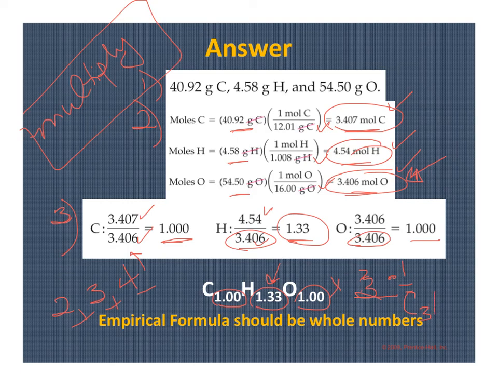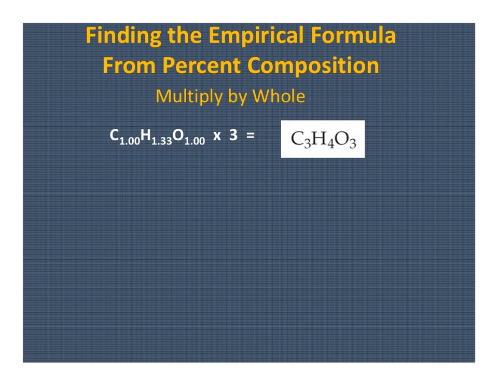We get H4 and O3. So our empirical formula now is C3H4O3. All right. And that, my friends, is the end of learning about percent composition and empirical formula.